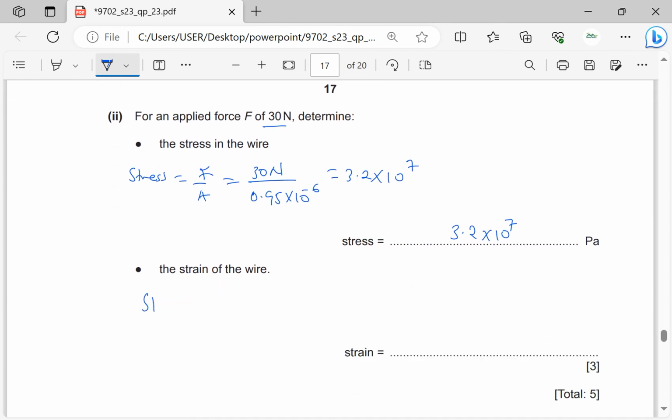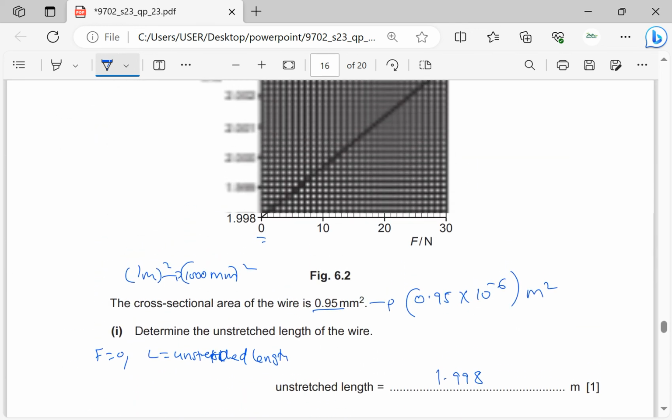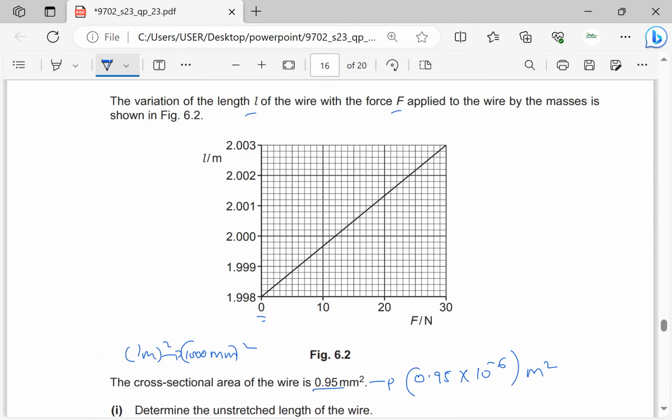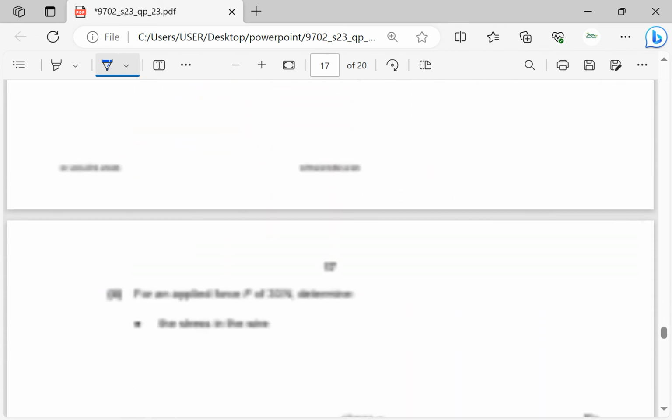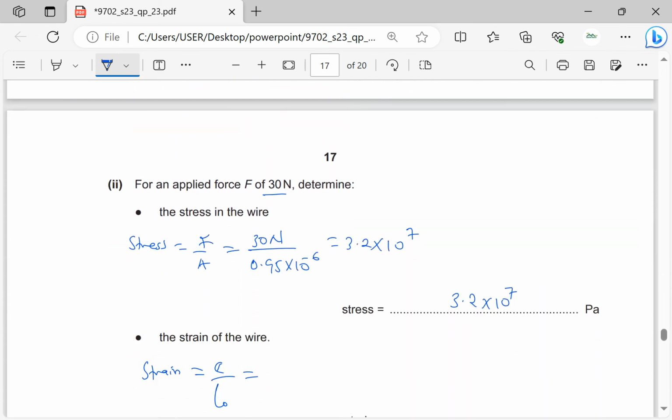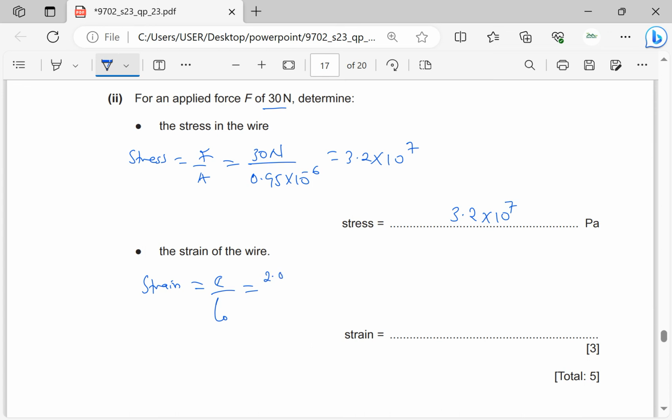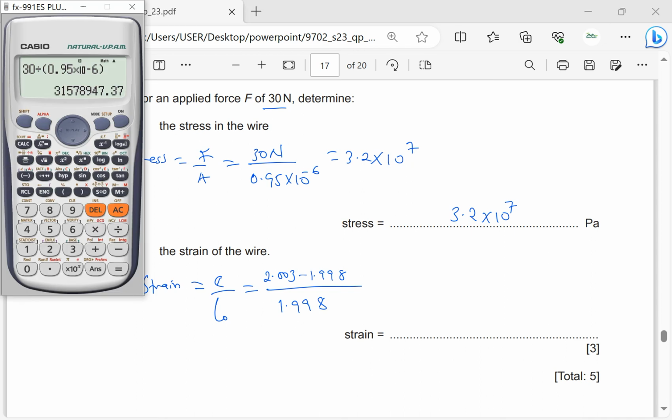Then the strain, we know that strain is equal to extension over the original length, or the unstretched length. The extension for 30 newtons is 2.003 minus 1.998, divided by the unstretched length, which is 1.998.